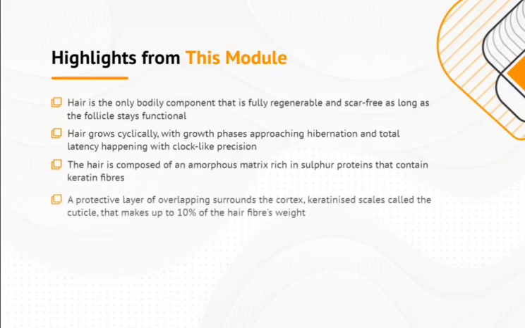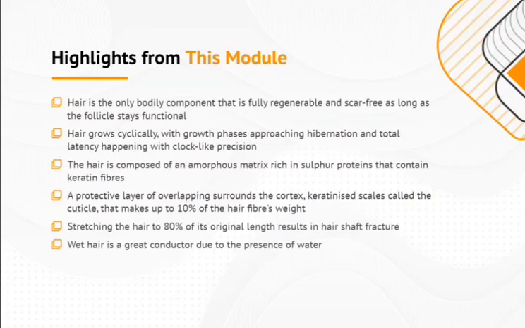Highlights of the module. Hair is the only bodily component that is fully regenerable and scar-free as long as the follicle stays functional. Hair grows cyclically, with growth phases approaching hibernation and total latency happening with clock-like precision. The hair is composed of an amorphous matrix rich in sulfur proteins that contain keratin fibers.